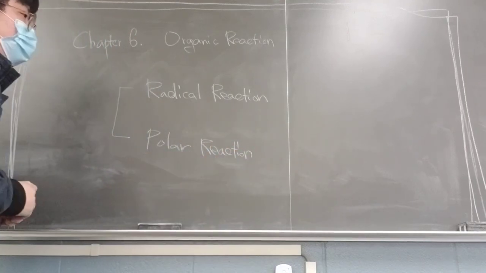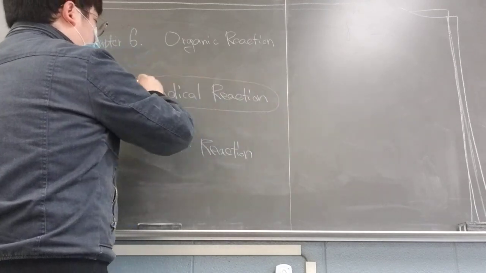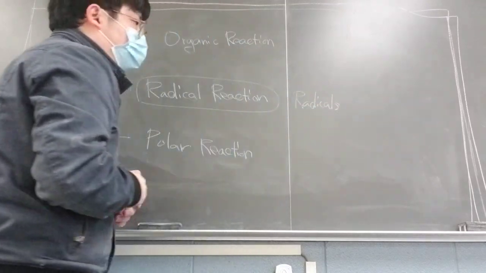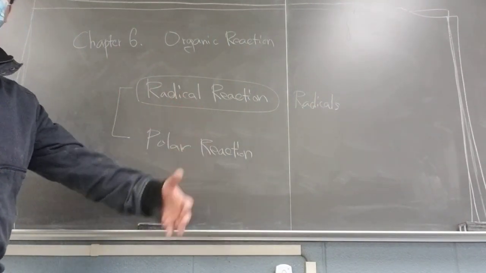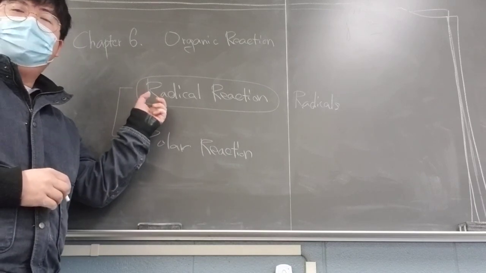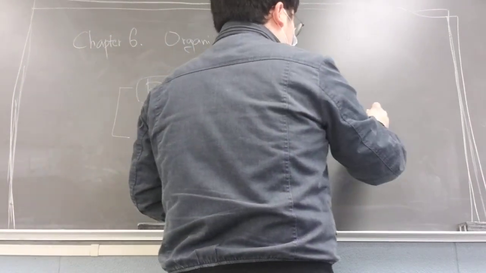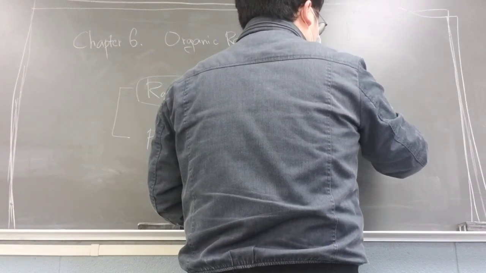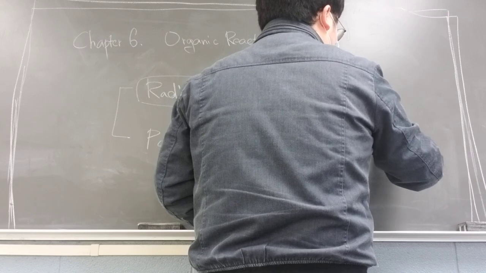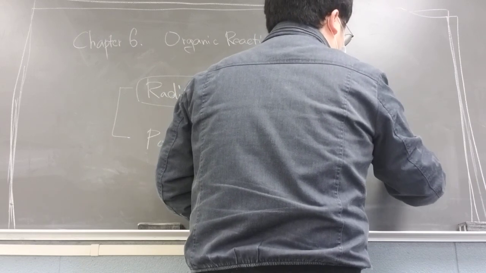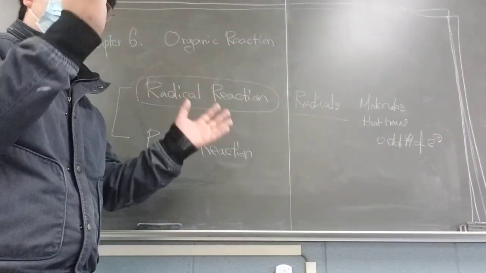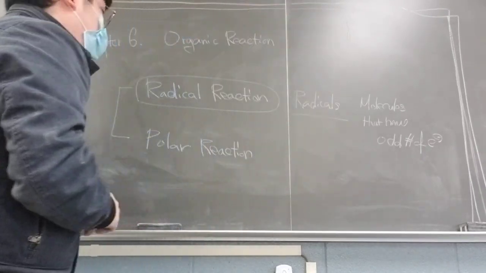Okay? So the radical reaction simply means you're going to have a radical compound, or radicals, involved in this type of mechanism. Do you guys remember what radical means from Gen Chem 2? Radical simply means you have molecules that have an odd number of electrons available for the bonding or breakage of the bond.